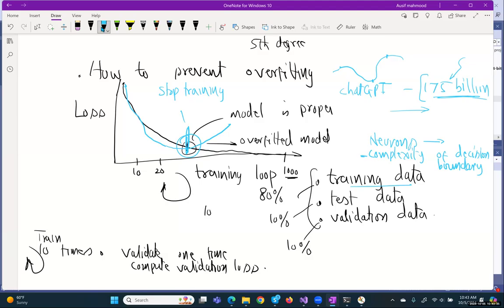Maybe another good way to understand overfitting is like memorization. To give you an example, let's say you were learning math. For example, you memorize 1.5 times 1.5 is 2.25.